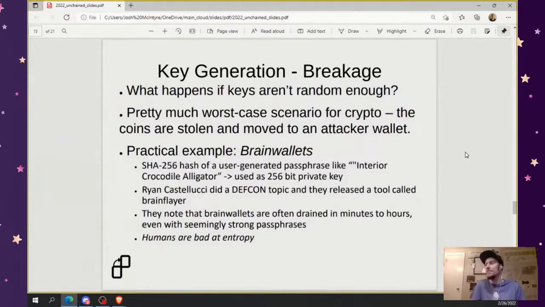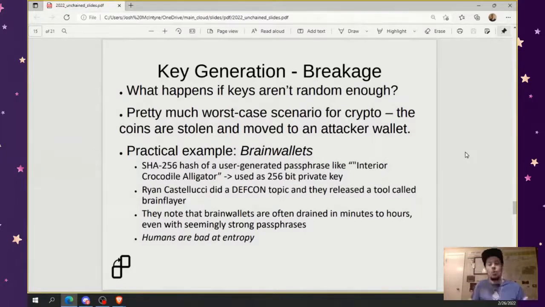Now, there's been a ton of research into how bad these are and how poor humans are at entropy. Ryan Castellucci, a researcher, did a phenomenal DEF CON talk. It's not even passphrases that seem like they would be okay. Brain wallets that used long passphrases from things like quotes from movies, quotes from books and different literature have had their funds stolen.